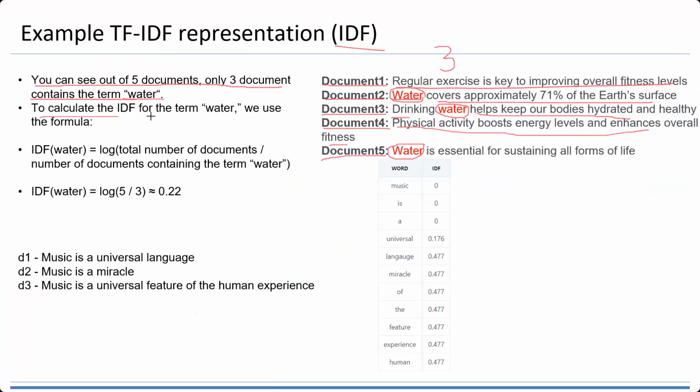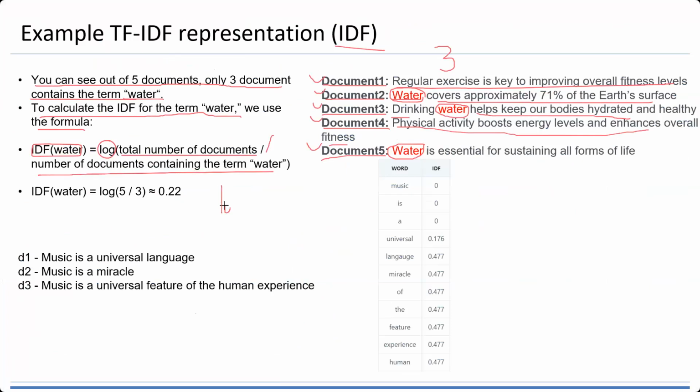So to calculate the IDF for the term water, we use the formula. The IDF, we know the formula. It is a log function, which is the total number of documents, so we have 1, 2, 3, 4, 5, divided by the number of documents containing the term water.